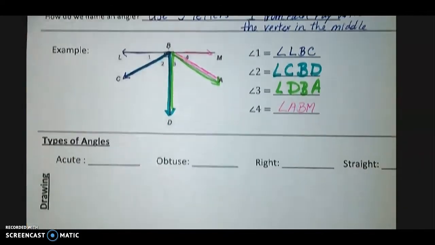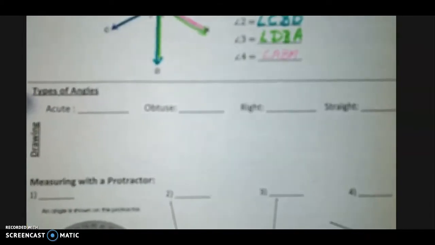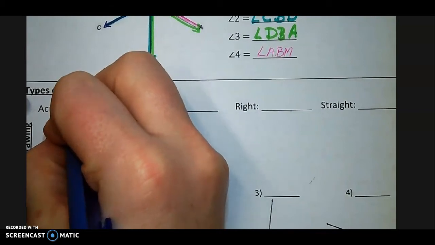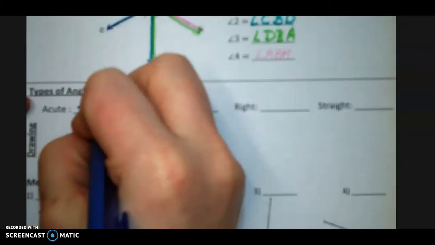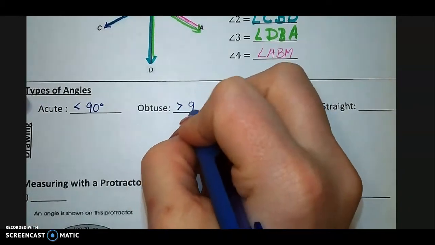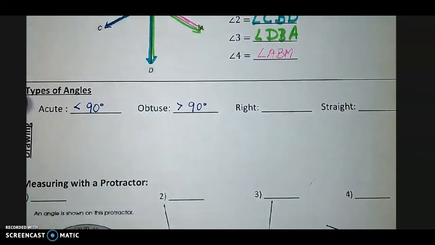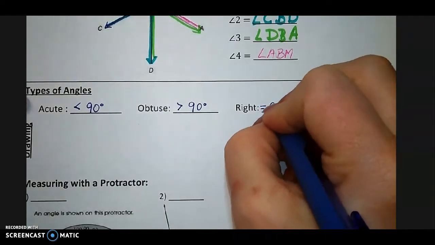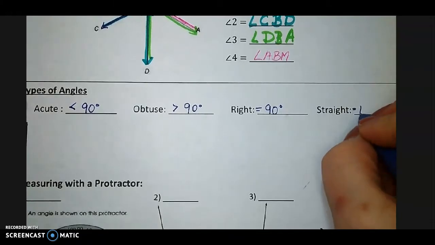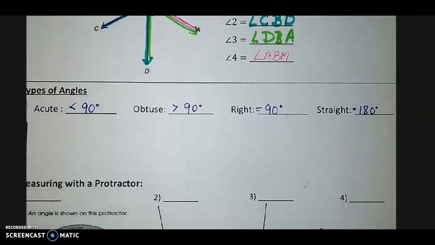Now there are four types of angles. We have an acute angle, which is less than 90 degrees. An obtuse angle is greater than 90 degrees. A right angle is exactly 90 degrees, and a straight angle is exactly 180 degrees.